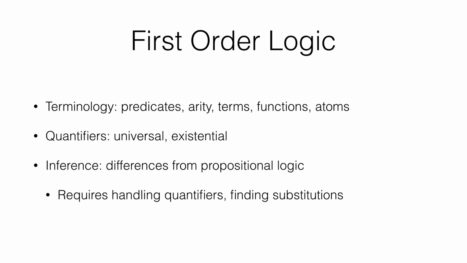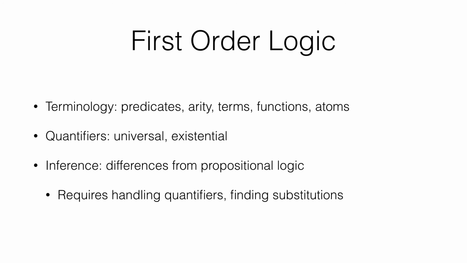So we're allowed to quantify variables as universal, which means that they hold for all possible instantiations of them, or as existential, which just means that there exists some instantiation that satisfies the statement you're making. And I gave you a high-level view of how inference works, where we talked about the differences from propositional logic and how we're going to have to handle the quantifiers by finding substitutions.